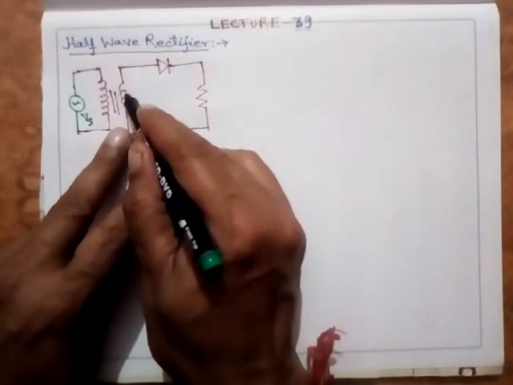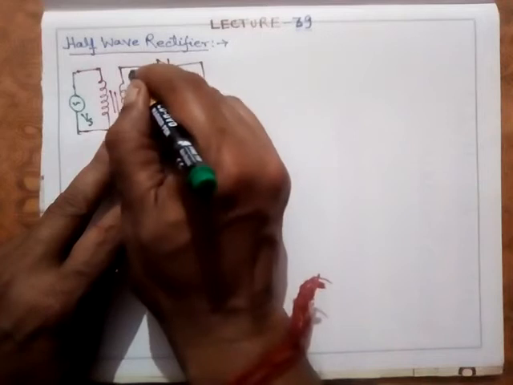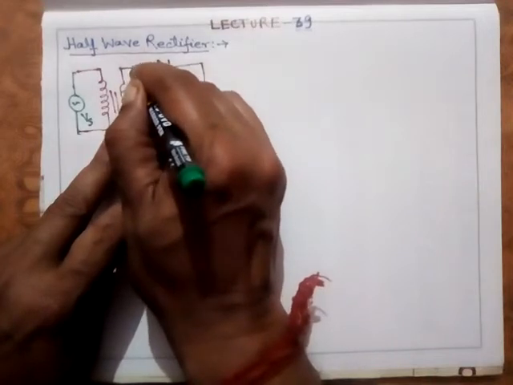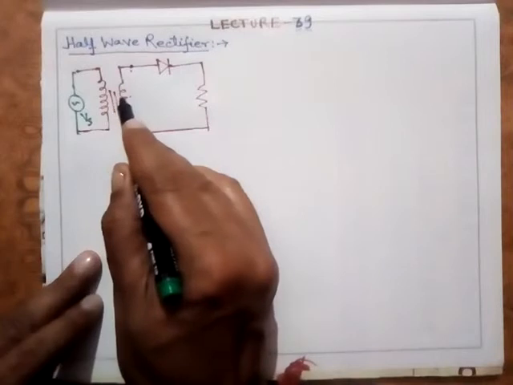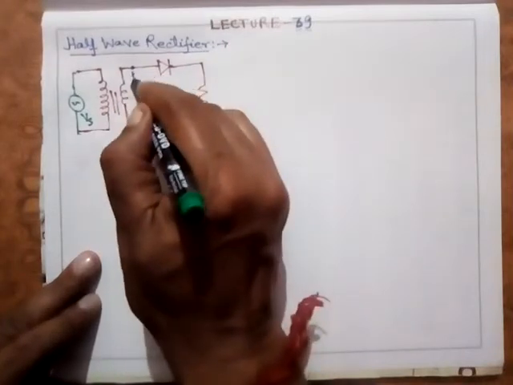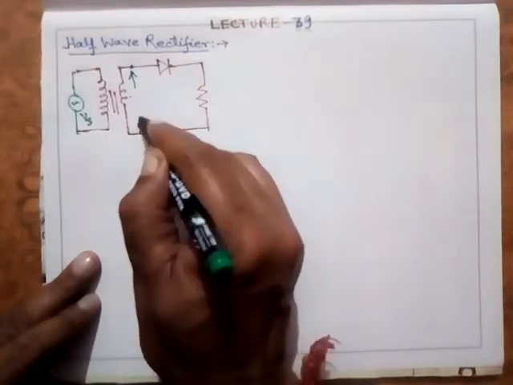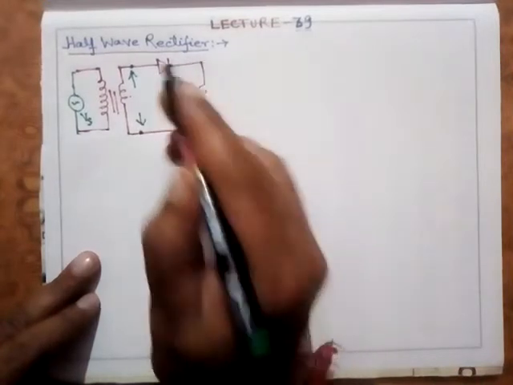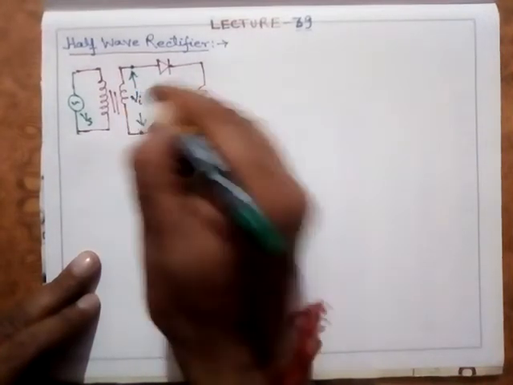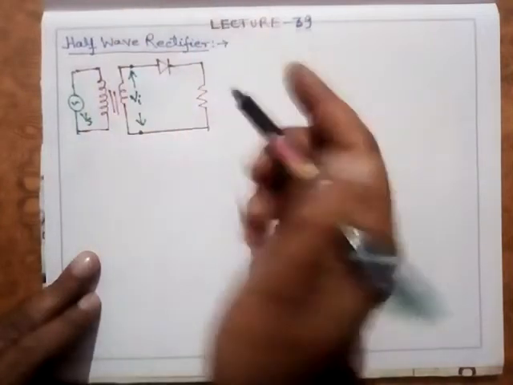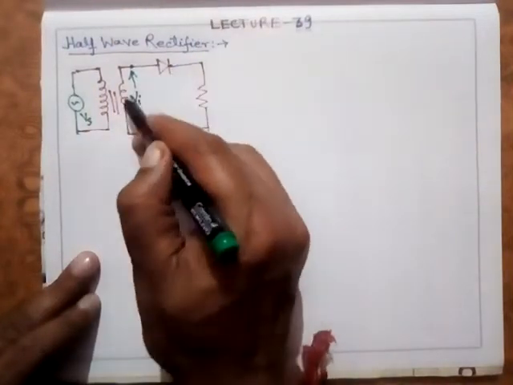This is called the primary coil and this is called the secondary coil. The voltage at the secondary is my input voltage to this rectifier. This diode will rectify this input AC.